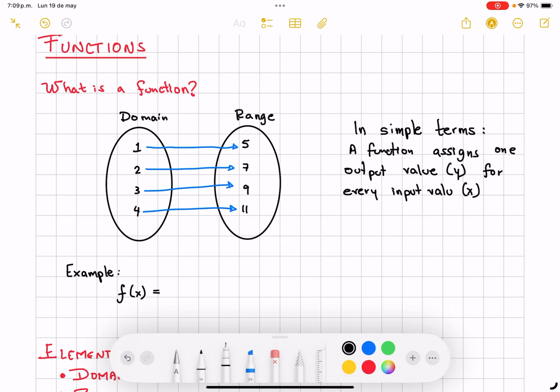So the input is the domain, we're going to say the x, and the output or range is y.